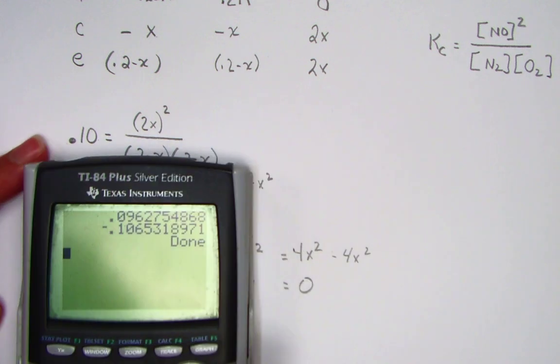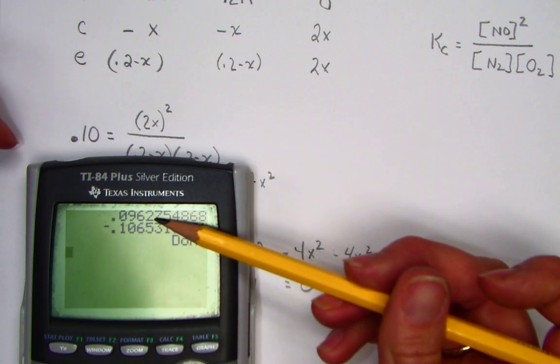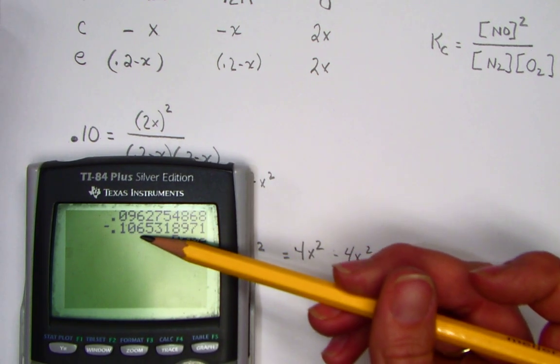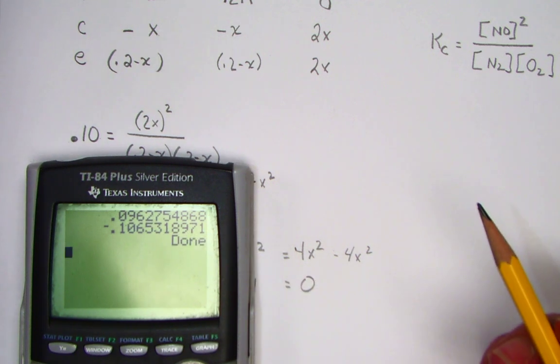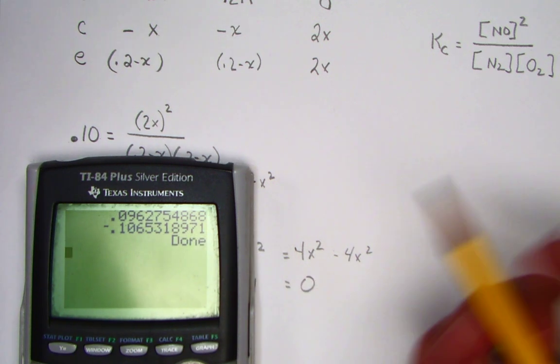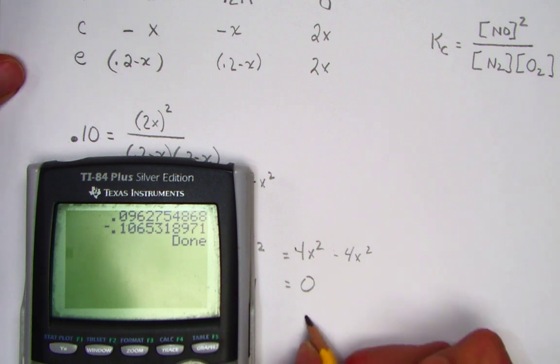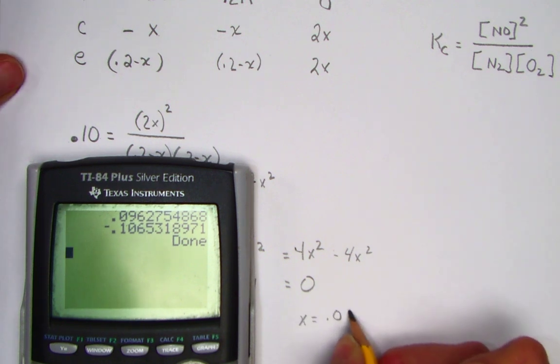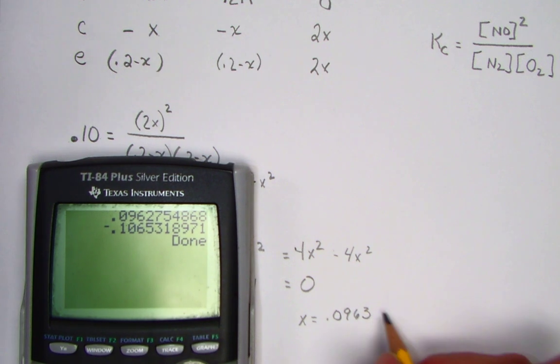And we get two choices, 0.0962 and negative 0.1065. One of those choices is tossed out. There is no such thing as negative concentration. So x becomes 0.096, and I'll just round to 3 molar units.